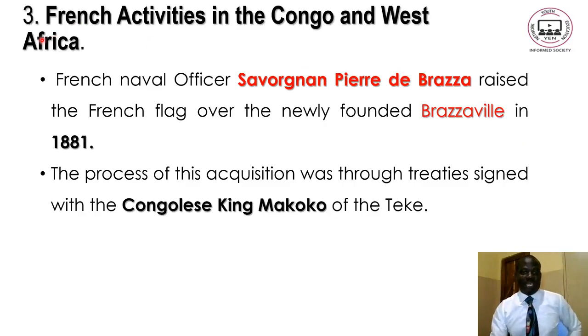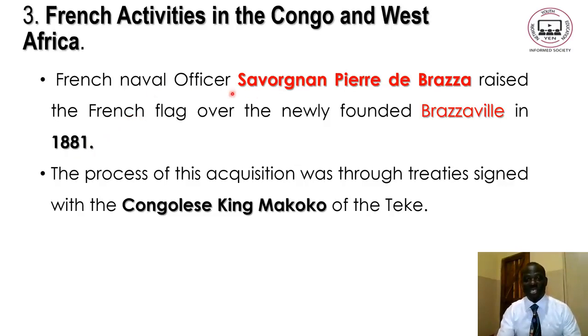And number three, again, the events that led to the Berlin Conference in 1884 were the French activities in the Congo and West Africa. The French naval officer Savorgnan de Brazza raised the French flag over the newly found Brazzaville in 1881. So we have Congo Brazzaville. If you go onto the map, there is a country by the name Congo Brazzaville.